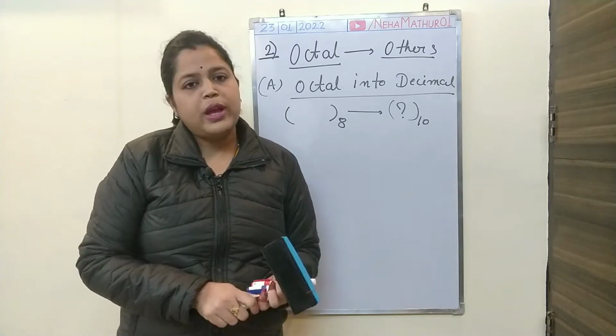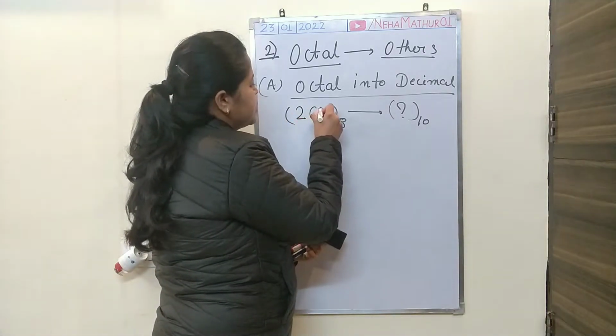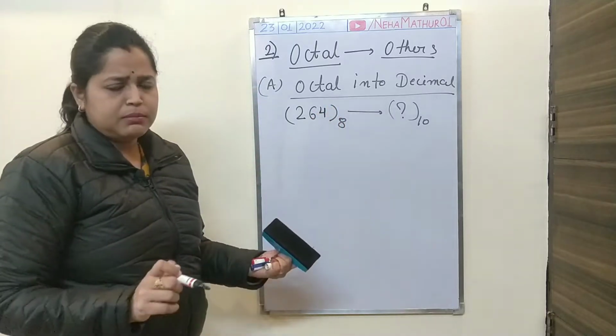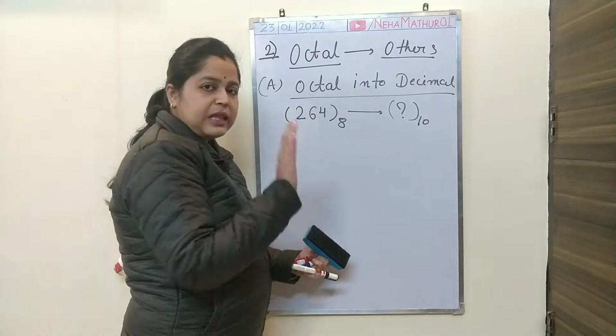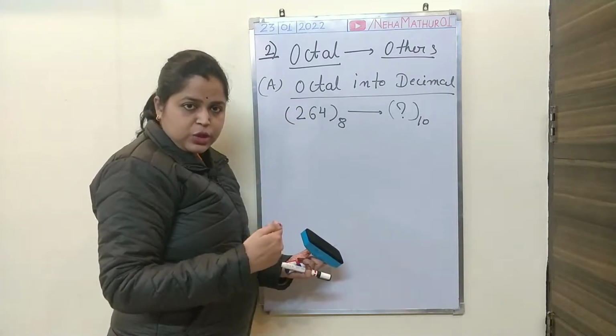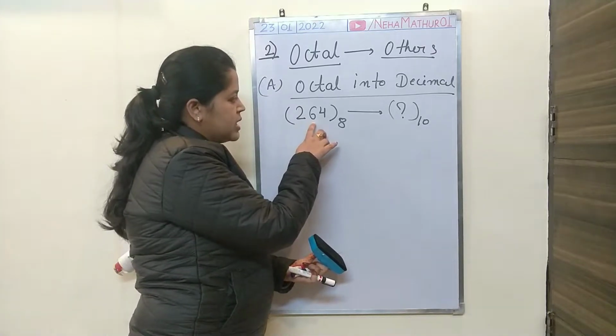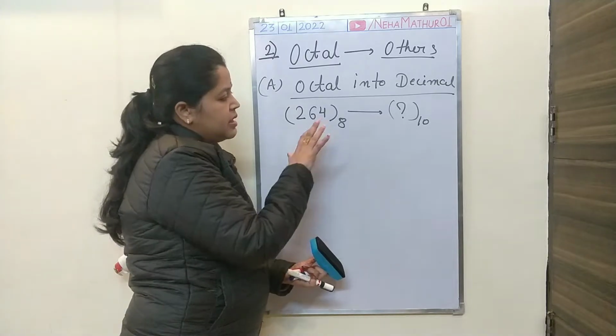So again today I am taking one example in which I have a number which is 264. You can take any number. Just remember one thing, that if this is an octal number, then the digits in this number should be between 0 to 7. So here I have 264, which itself indicates that this is an octal number with base 8.